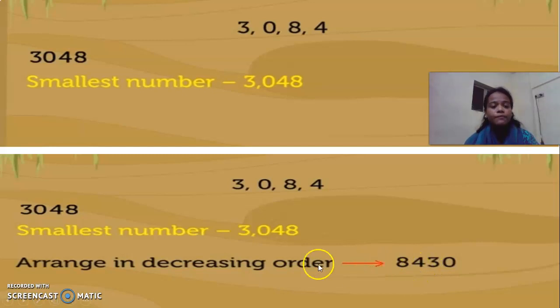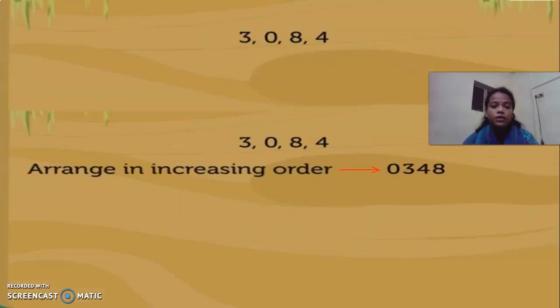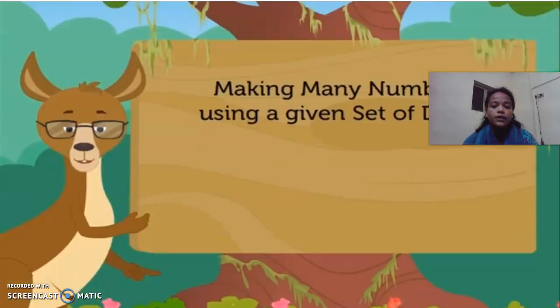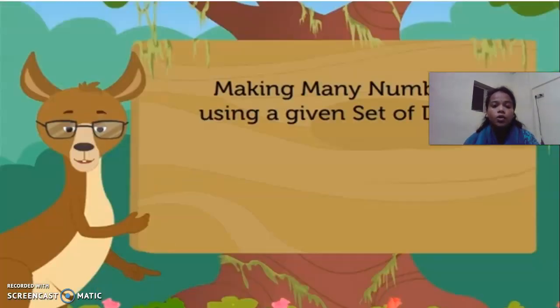Kids, do you know we can make many numbers using the given sets of digits? Here you can see on my screen. Look at the digits 3174. Take any one digit in the thousand place and write other remaining number in the other columns.